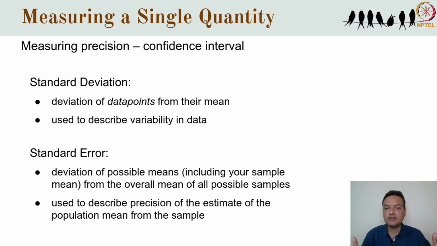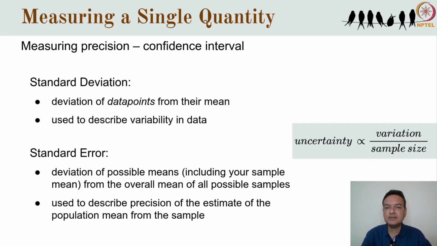In other words, standard deviation describes variation in the data and standard error describes variation in the means. You use standard deviation when you want to describe how variable your data are. You use standard error when you want to describe how precise, or the converse, how uncertain your sample estimate of the population mean is.